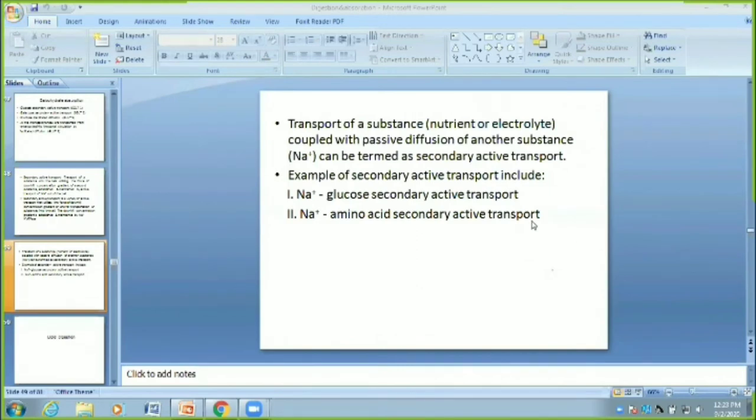So this is secondary active transport. Is it clear? Transport of substances, that means nutrients and electrolytes, coupled with passive diffusion of another substance can be termed as secondary active transport.